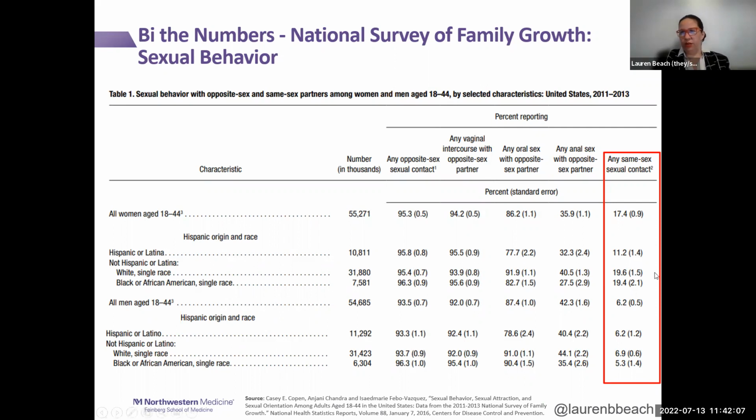You also see variation here, where white individuals and Black individuals have nearly the same percentages of reporting same-sex lifetime sexual contact among women, and slightly higher percentages of white individuals among men compared to Black individuals or Hispanic individuals. Among women, 11.2% report same-sex sexual contact in their lifetimes.